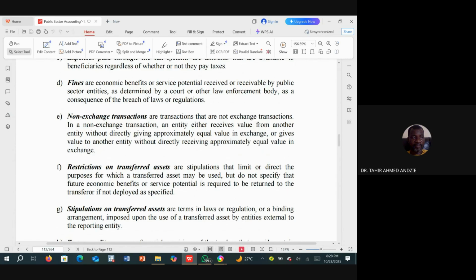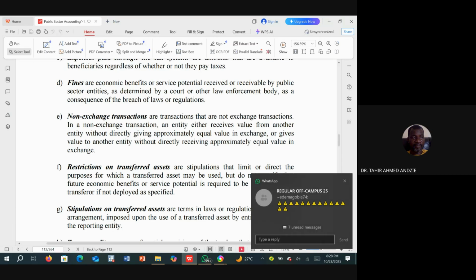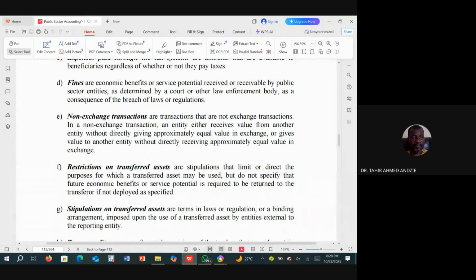Non-exchange transaction. We have talked about exchange transaction, so non-exchange transactions are transactions that are not exchange transactions.